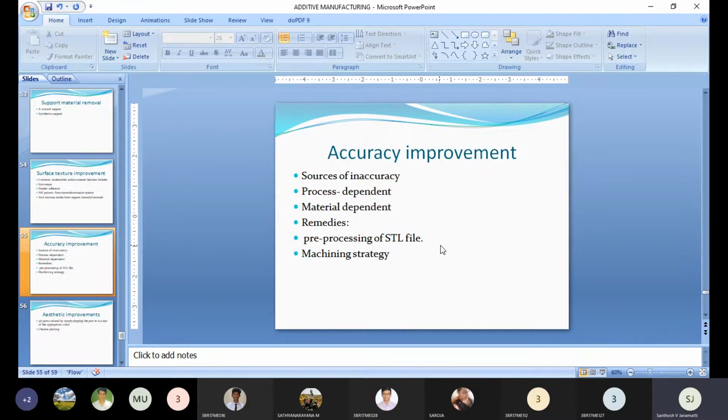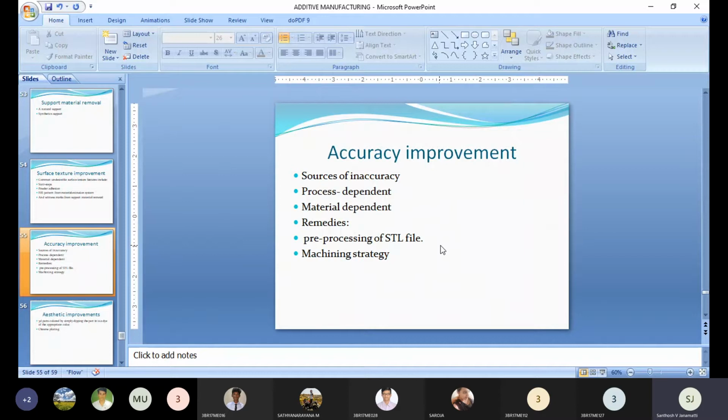That's very important. Here are the two major sources from which we can get inaccuracy in the 3D product. Inaccuracy means, suppose some people look surface-wise or structure-wise, some look dimension-wise, some look at shape and size, and some look at the overall appearance of the product.